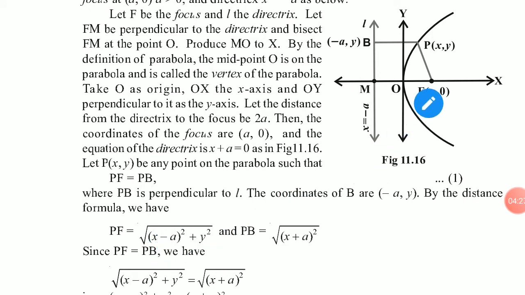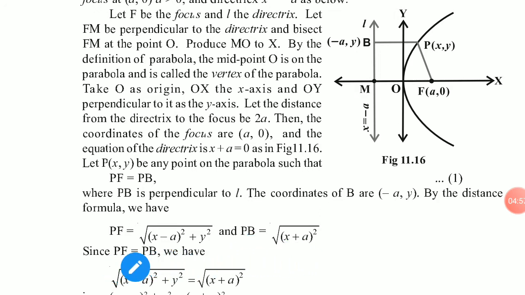So PF is equal to square root of (x minus a) square plus (y minus 0) square, which means y square. This is the formula you can use to calculate the distance between two points. The same formula for PB: x minus minus a means plus a, so it becomes (x plus a) square, and y minus y means 0, no need to write. So PB is the square root of (x plus a) square.